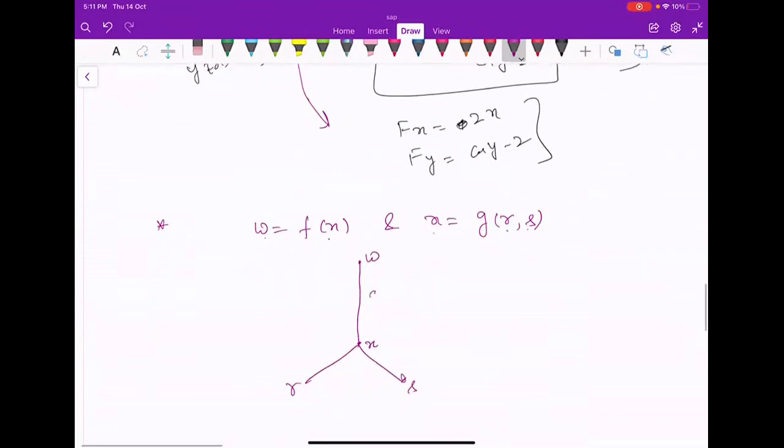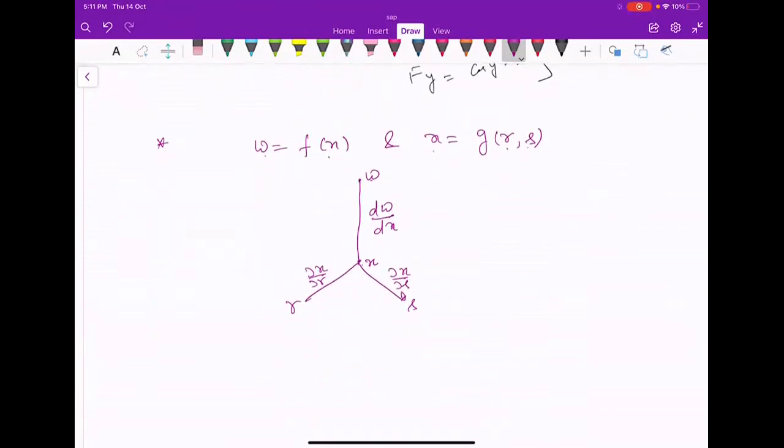So here you will compute dw over dx, because w is a function of x only, and then x is a function of two variables, so del x over del r and del x over del s. And then it could be asked, now w is a function of two variables r and s, so it will be asked del w over del r and del w over del s.